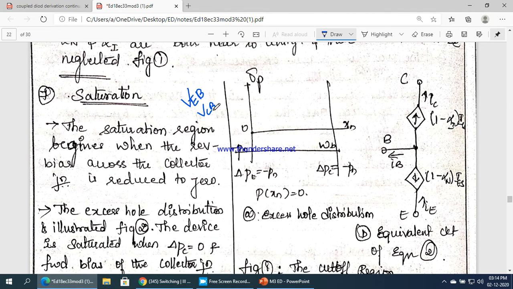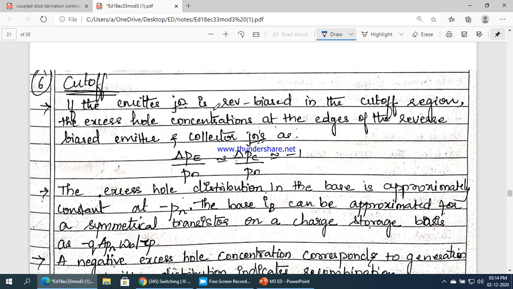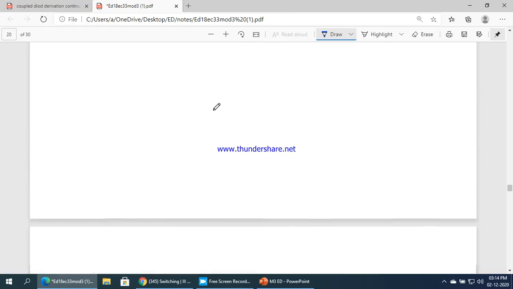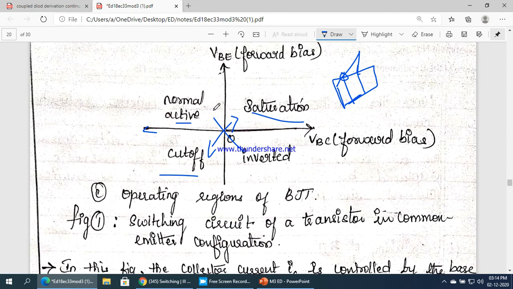As you can see from the operating regions of a BJT, when both are forward biased, that is, when VBE is forward biased and VBC is also forward biased, that region we call the saturation region.